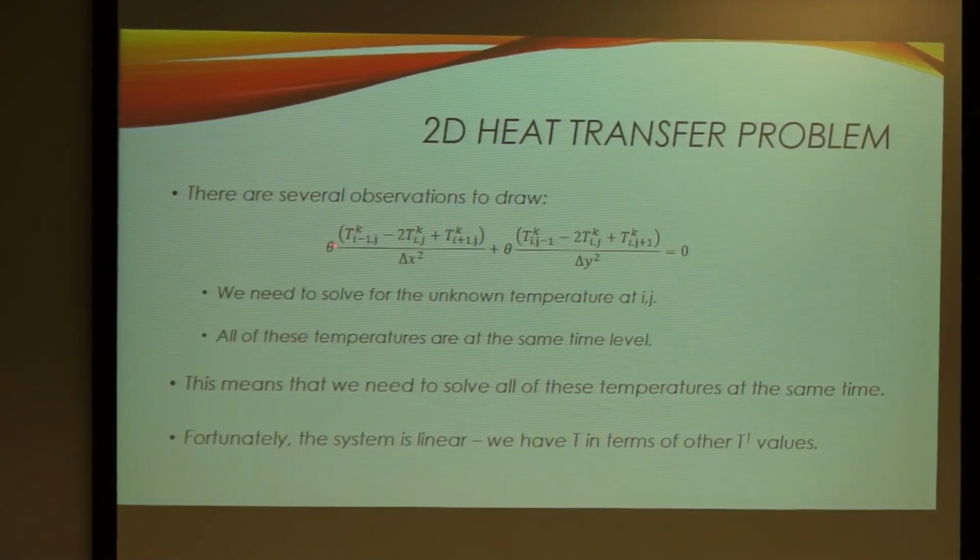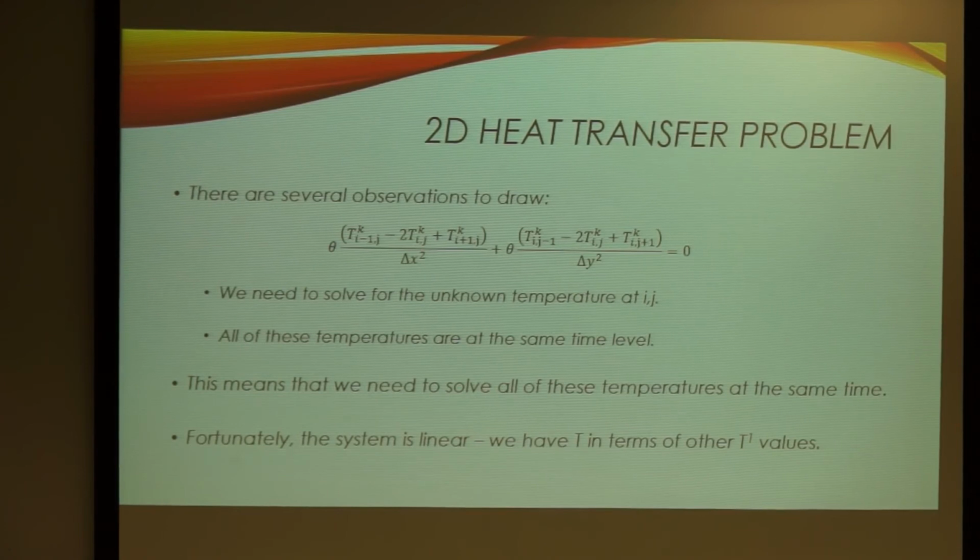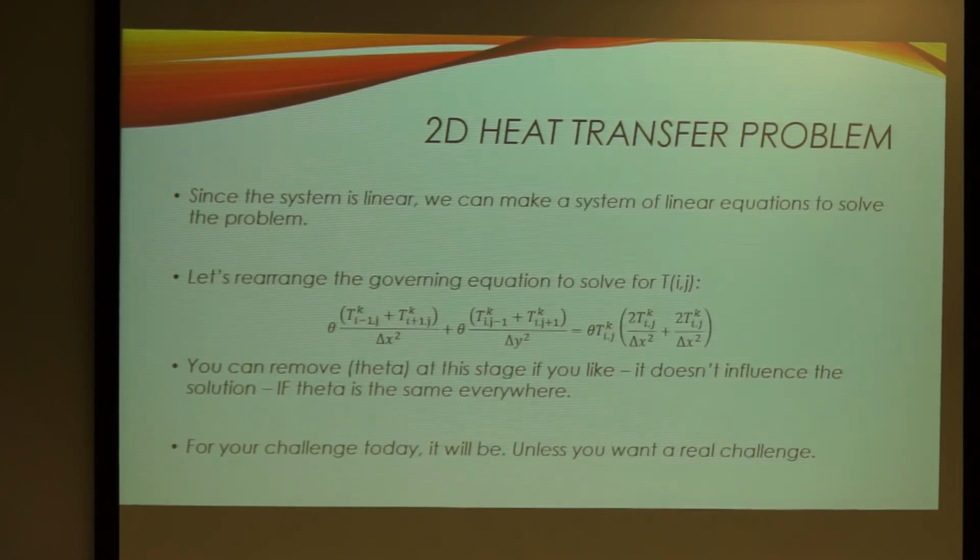You see I've written k equals k plus 1 equals k minus 1, because we don't have a time. They are all the same time. That's the most important thing. So we've removed time from the equation now, and we're just solving for all of the T's at i minus 1, i plus 1, ij, etc., all of those combinations of i's and j's. All of these temperatures are at the same time level. We need to solve them all at the same time.